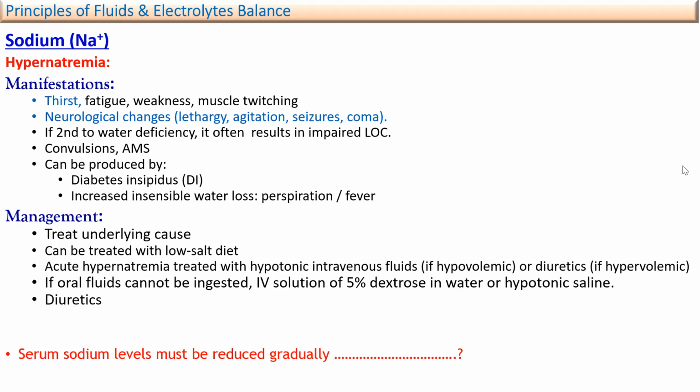So the management is to treat the underlying cause. It can also be treated with a low salt diet, and acute hypernatremia is treated with hypotonic IV solution. If the patient is hypernatremic but hypovolemic, then you treat with hypotonic solution.